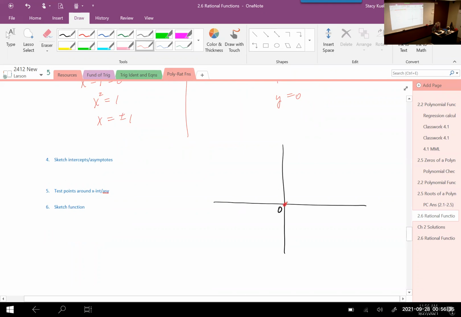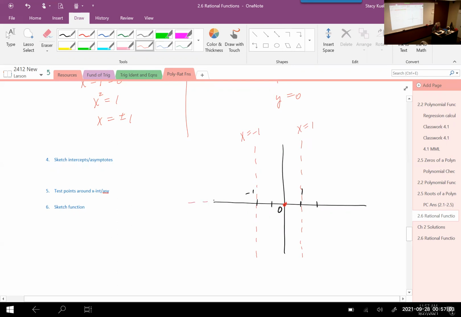I have a vertical asymptote occurring at 1 and -1, right? So I'm going to sketch those in, and I'm going to label x is equal to -1, x is equal to +1 on my graph. I have a horizontal asymptote at y is equal to 0.